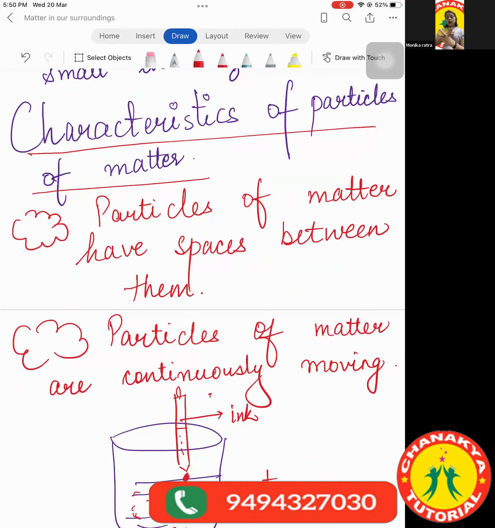The first one was that the particles of matter have spaces between them. How do we say that the particles of matter have spaces between them? Very simple, very easy example. If we take a glass of water and put some ink or maybe honey or maybe salt or maybe sugar into it, any of these, what are we going to observe? You people tell me.